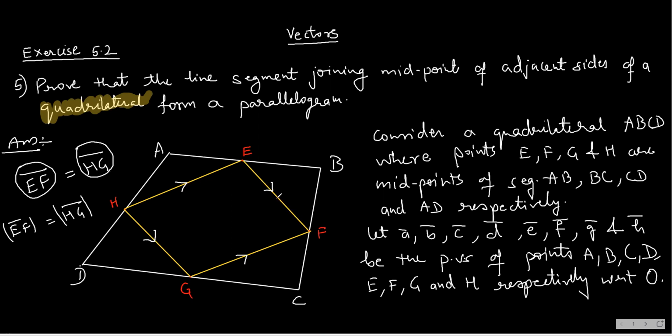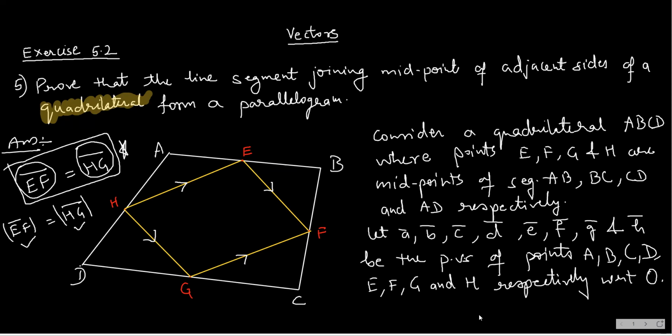Only when they are parallel. So by proving this, you have proved that EF is parallel to HG. Moreover, you have also proved that EF and HG are equal in magnitude. Now if that is happening, EFGH will become a parallelogram.